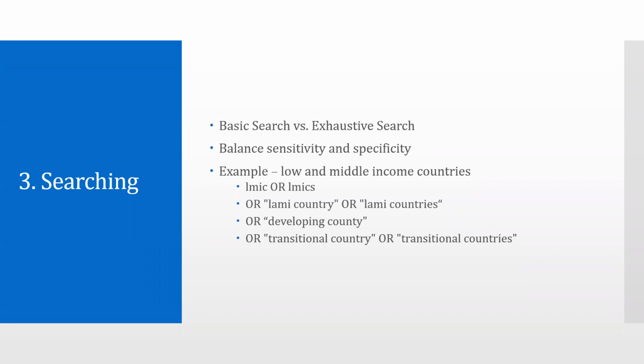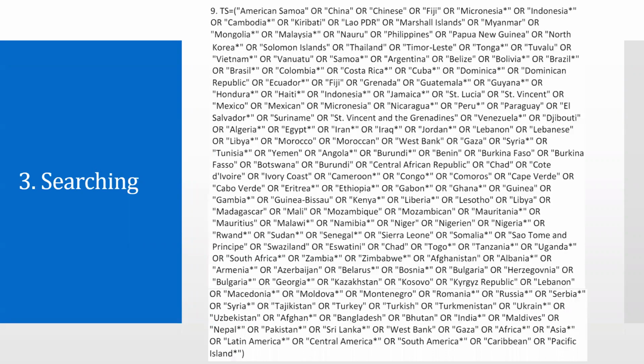So an example of a more basic search would be low and middle income countries, and we have some synonyms there for that. LMIC country, developing country, maybe transitional country. But then a more exhaustive search would be listing all of the LMICs out along with any name variations and also former names.